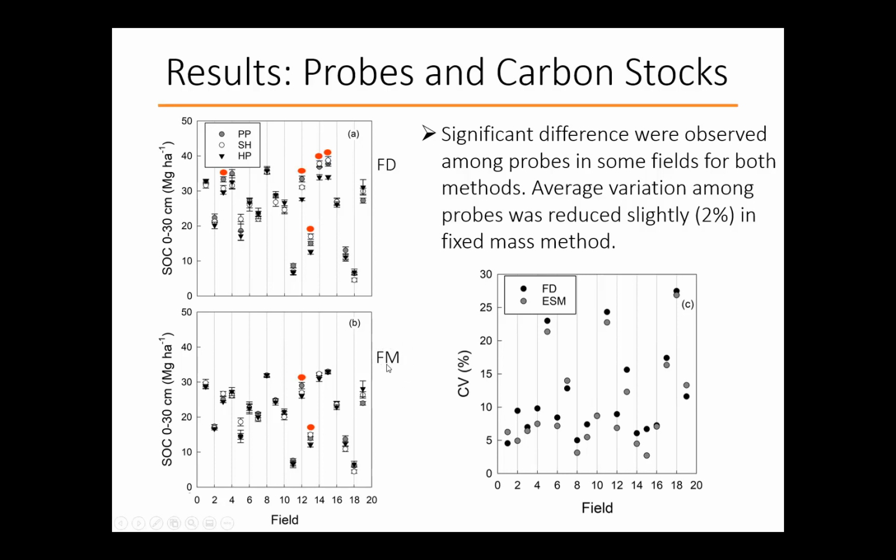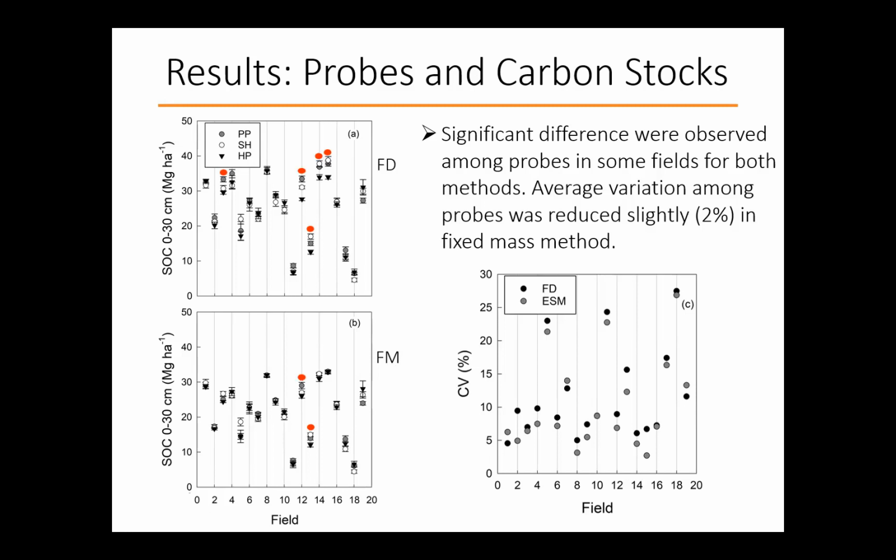But if we replace the bulk density with fixed soil mass in this method, that difference is reduced to 2 fields, and these 2 fields also have significantly different organic carbon.